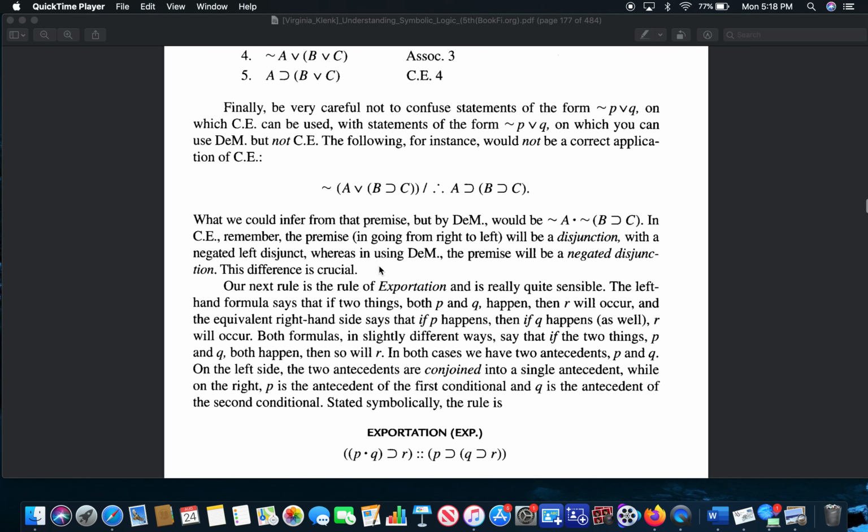So see how her explanation in this following paragraph is given by a statement of the form of the statement, right? Saying what it is, where you're articulating its major operator, you're articulating its form, like I've been stressing throughout the whole course. What we could infer from this premise, by De Morgan's, would be, right, from here, this is it.